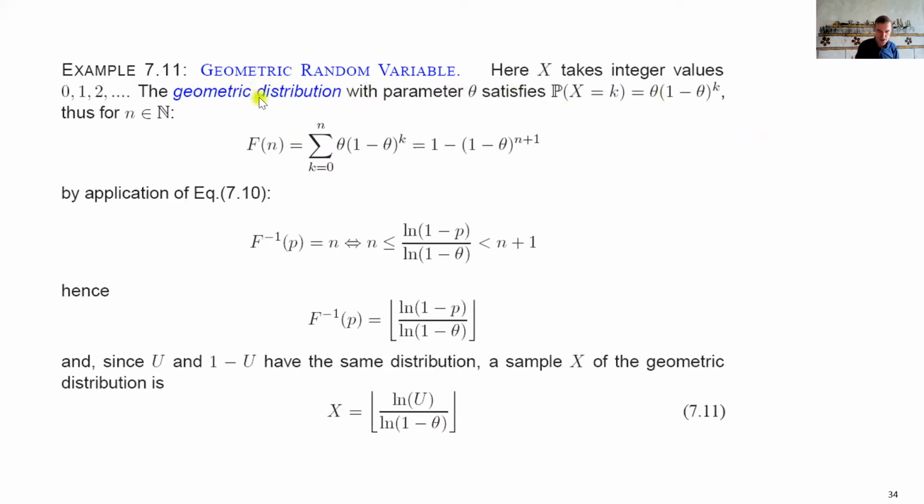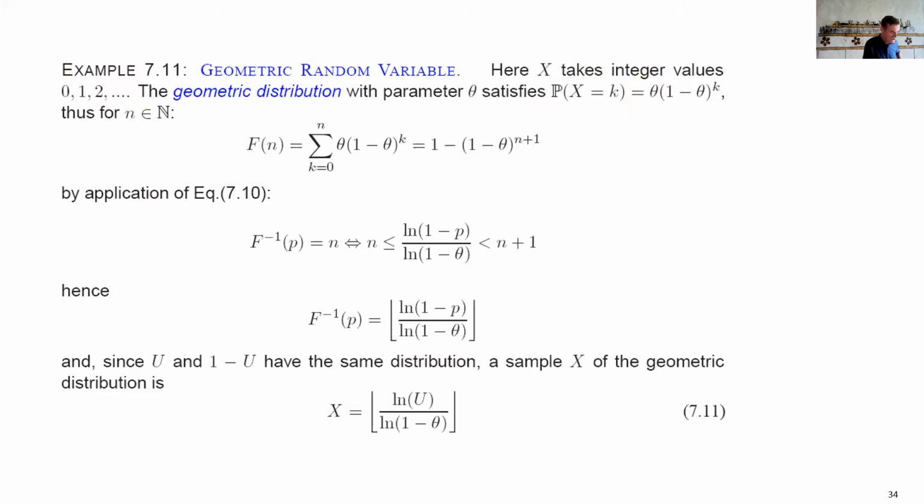And I ask the question here. What question do I ask? What is the first time that I obtain a 1 here? And my first index is 0 here. That will give me this formula here.